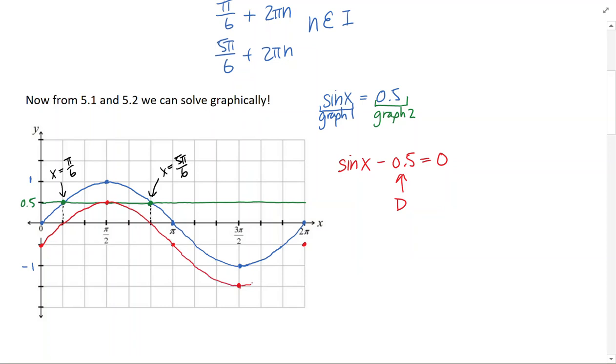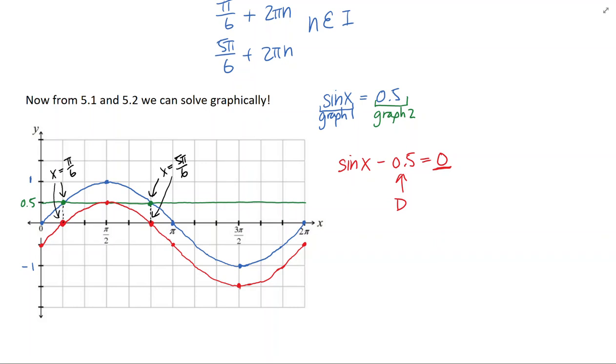And nice curved line. Now, since we moved everything to one side and have it equal to 0, we're looking at the x-intercepts this time. So here and here. And as we can see, these two points are also equal to the x values that we solved algebraically.